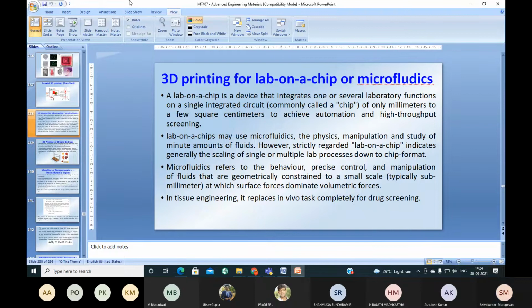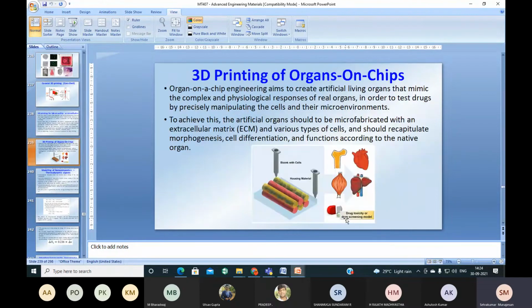Here you can see one of the examples, where on one chip they have fabricated different structures mimicking bone, heart, and liver, etc., to target certain diseases or for drug screening.